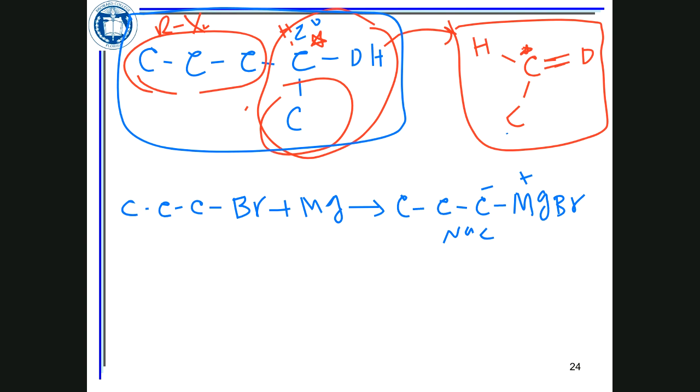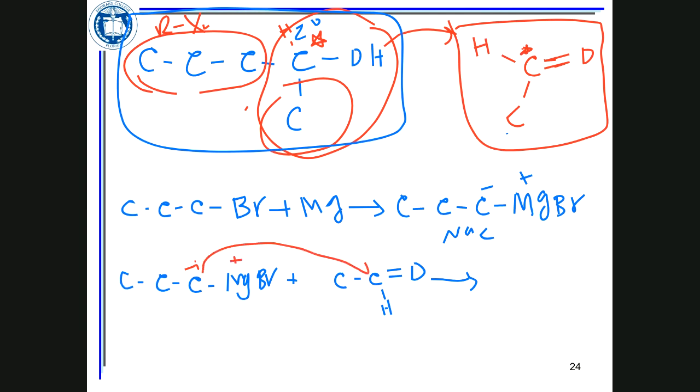So your Grignard is going to react with the acetaldehyde. We have a pair of unshared electrons, a negative charge here and a positive charge here. This negative charge is going to form a bond with the carbonyl carbon.